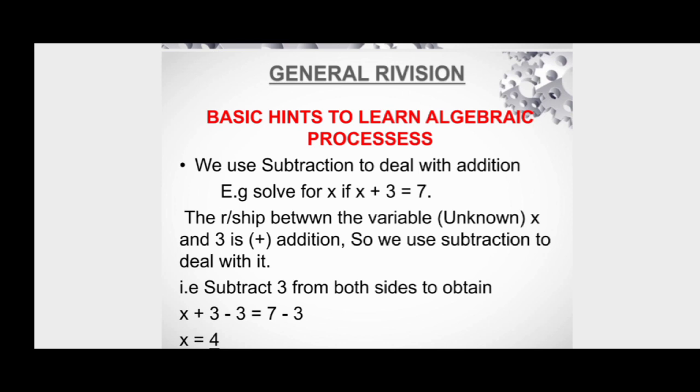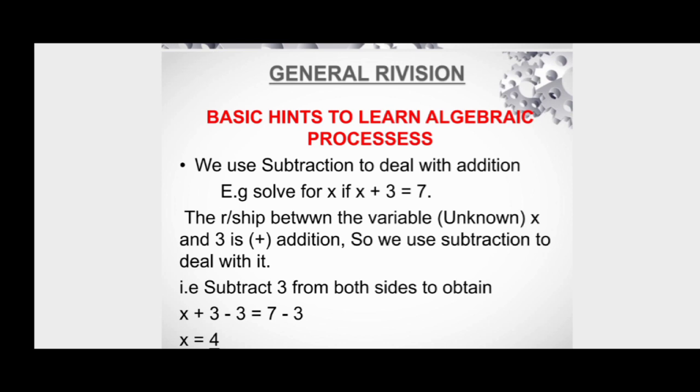But now, as you are growing up, learning is always from simple to complex. So we are learning from the simplest things to complex ones. So here you don't need to write just 4. You have to show how we get to 4. And that process is by looking at the relationship between what you need to know, which is x, and the number close to it, which is 3.